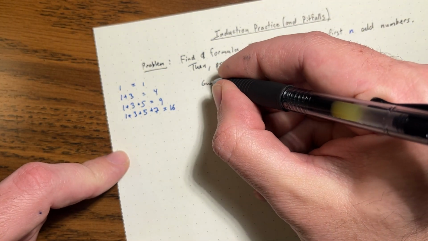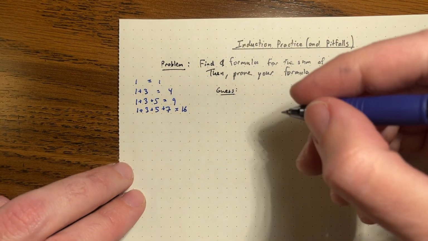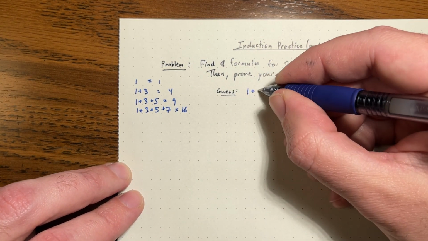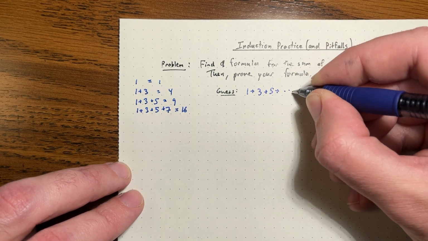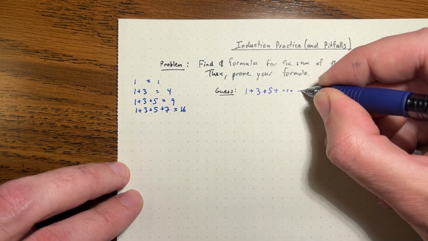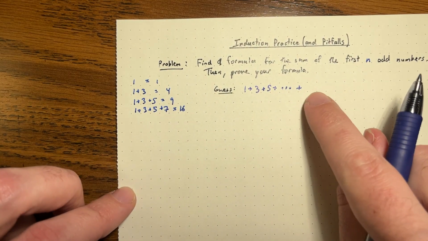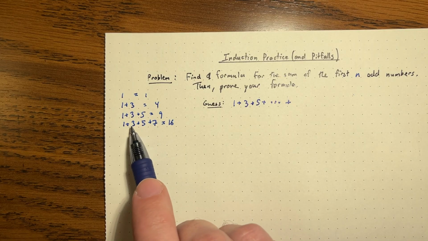So here's our guess. Let's see if we can write the sum of the first n odd numbers. In order to write the sum, I can use a dot, dot, dot, because I don't know what n is. And what is the nth odd number? This helps to look at an example.